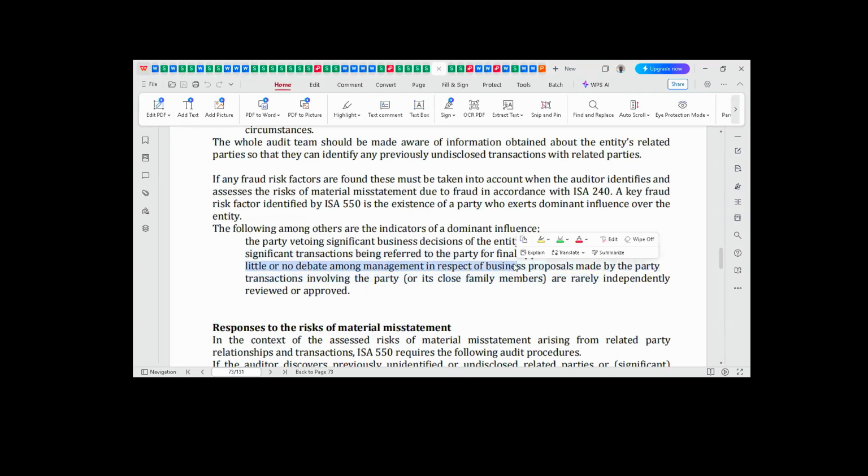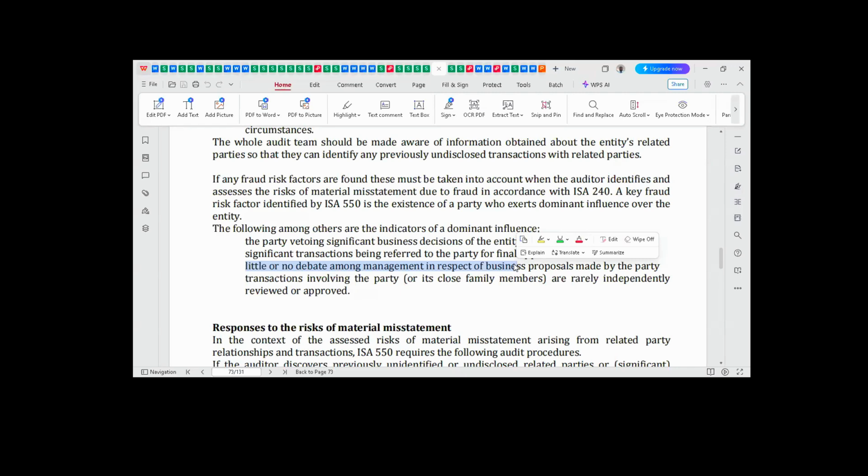So if, let's say, the executive director brings a contractor to the organization that will help them facilitate, say, the building of another warehouse, and upon presentation of that proposal, no other person could criticize or say anything or review the document.